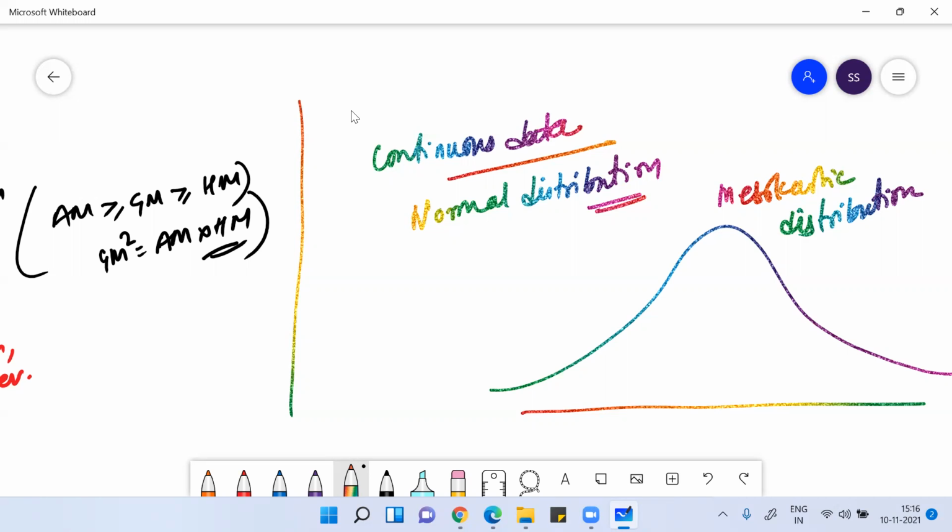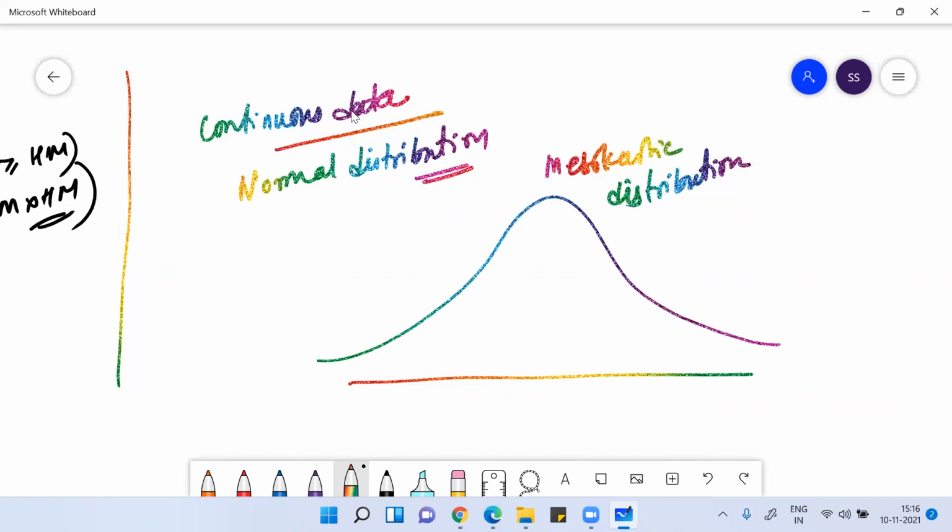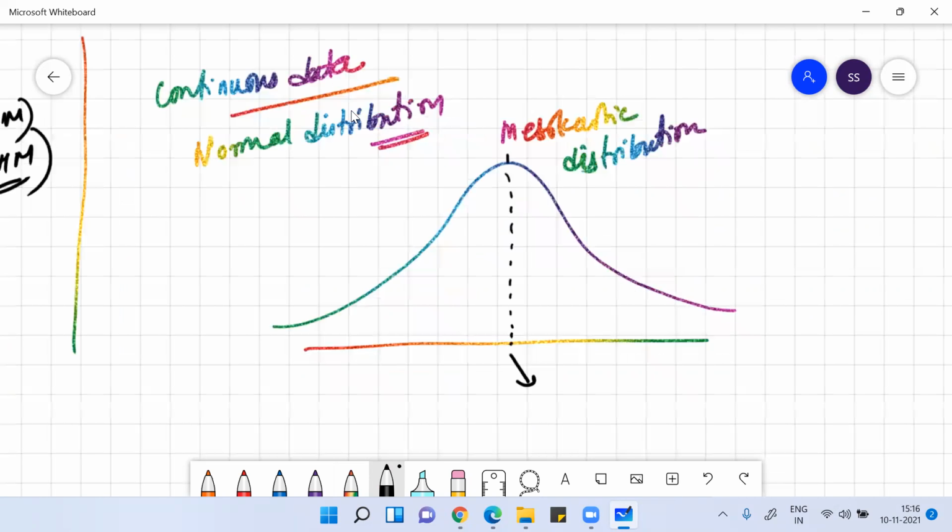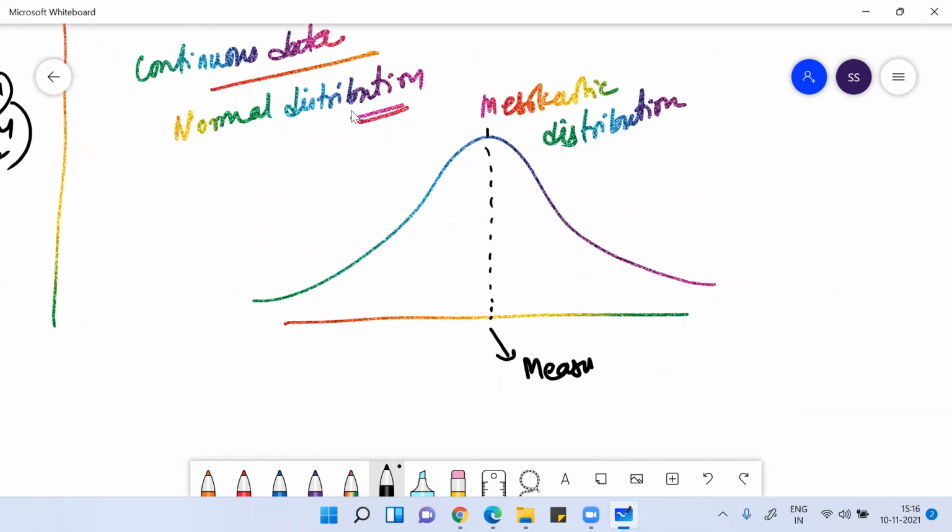We believe that the majority of the data lies at the center, and this tendency of the data, where the majority lies at the center, is called the measure of central tendency. Not all the data will lie at the center. Certain data would be dispersed from the center, and that we study under measure of dispersion. So this is how we look into the data scenario.